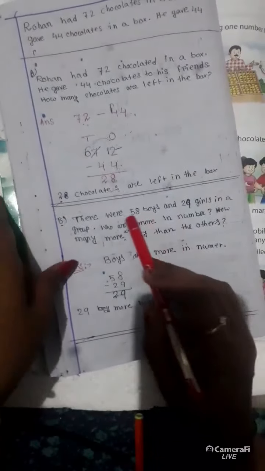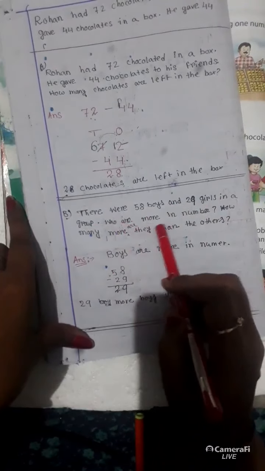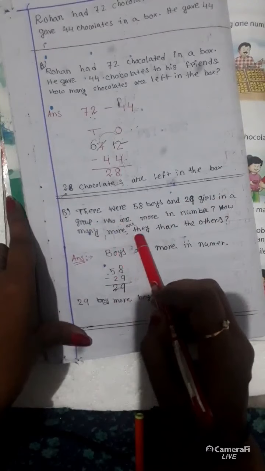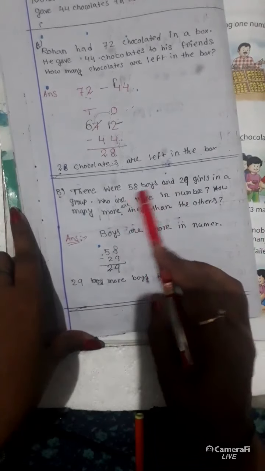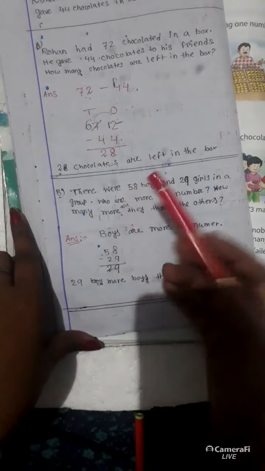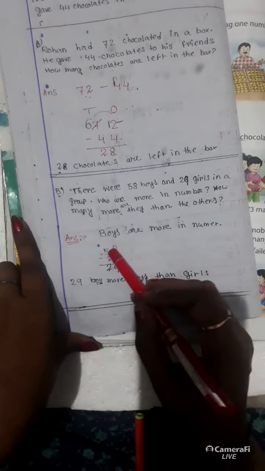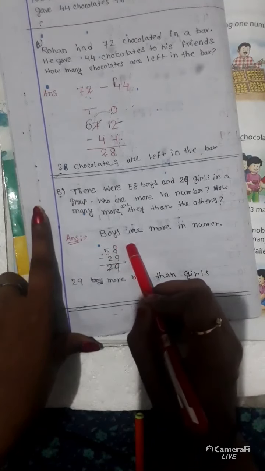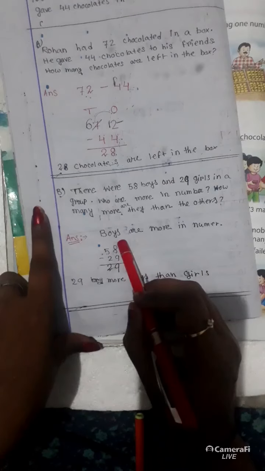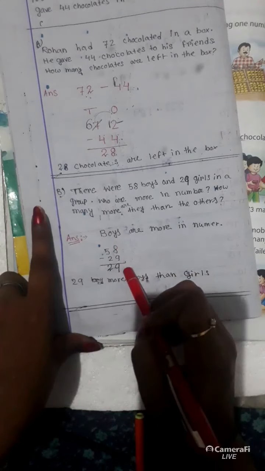Now the same way I have done. There were 58 boys and 29 girls in a group. Who are more in number and how many more are they than the others? Boys are more in number, as you know very well. 58 boys are there. Now how many more? So I have to subtract it. 58 minus 29. 8 is lesser than the subtrahend 9, so I have to borrow 1 ten, which means 18 ones minus 9 ones is 9 ones.